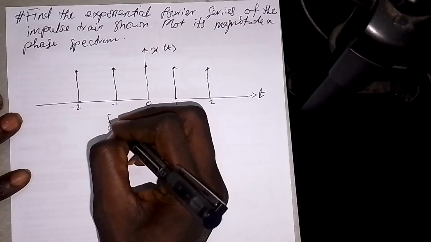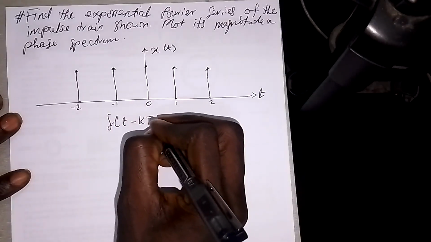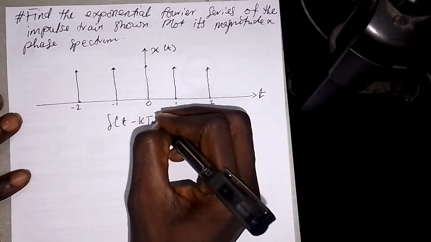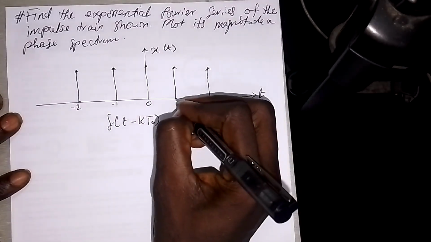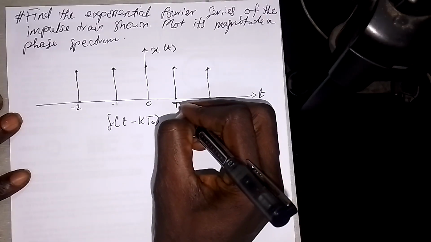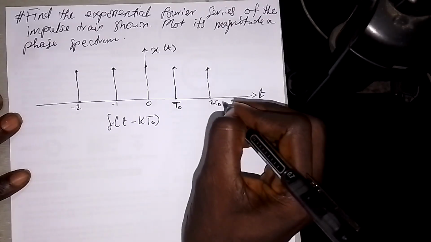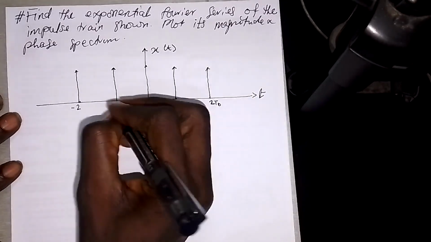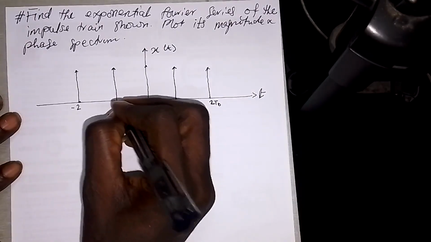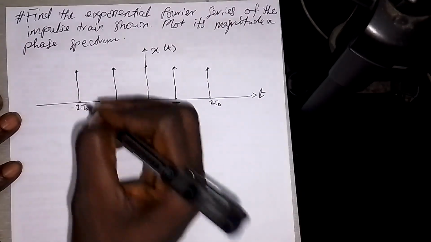So the impulse function is delta of t minus k t naught. Basically, this place is our t naught, and this place is our 2t naught. This place is our negative t naught, and this place is our negative 2t naught.